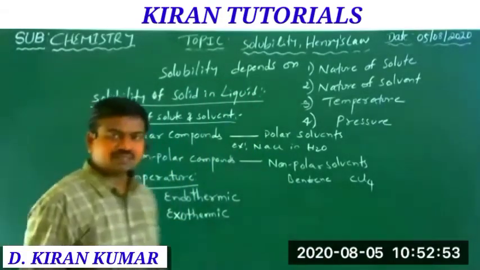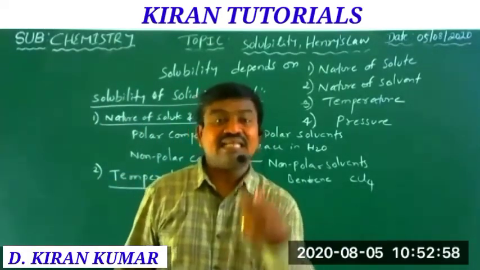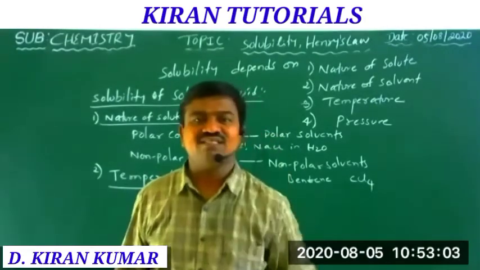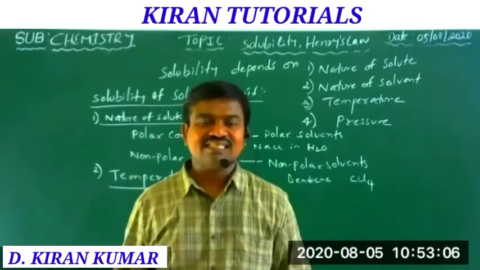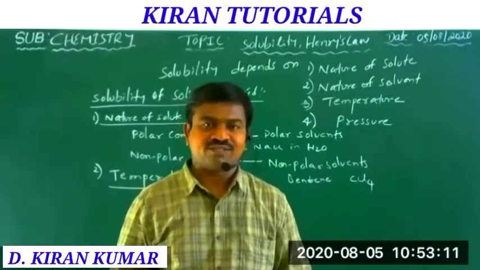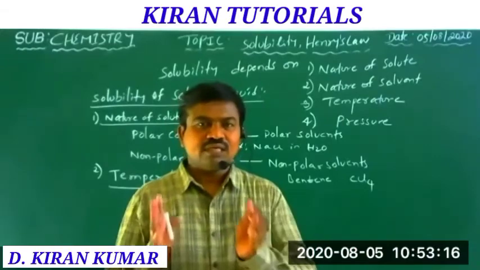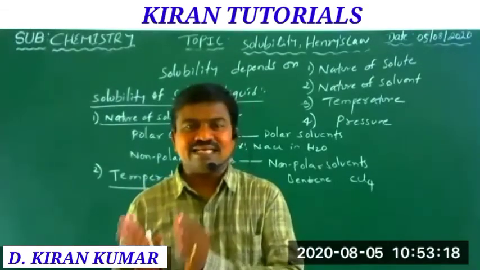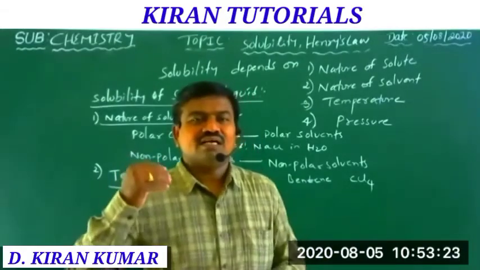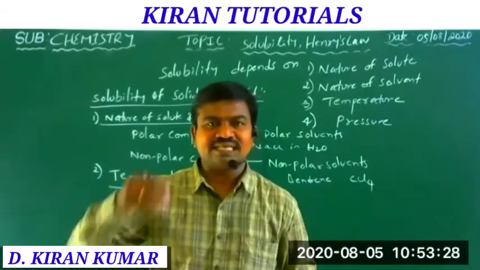An exothermic reaction is one where, for a chemical reaction to be completed, energy is released, not absorbed. That reaction is called an exothermic reaction. Clear? So endothermic means energy is absorbed, and exothermic means energy is released.